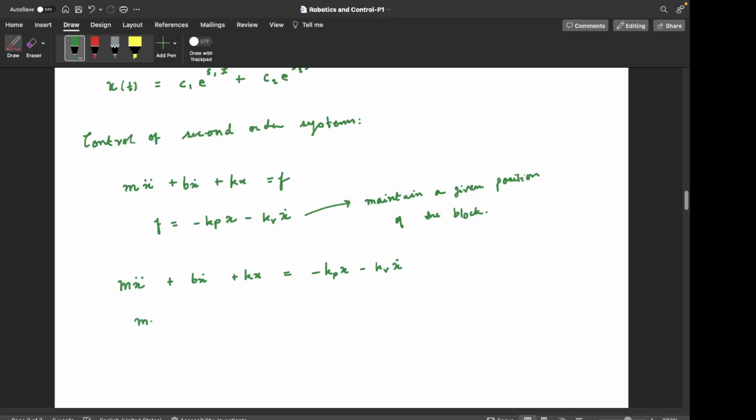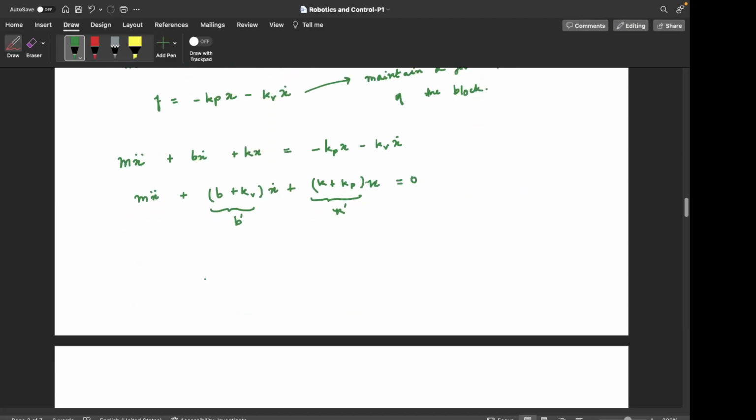So this becomes m x double dot plus (b plus kv) x dot plus (k plus kp) x equal to 0, and let's denote this as b dash and this as k dash, right?